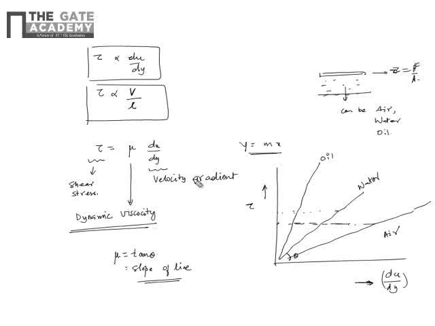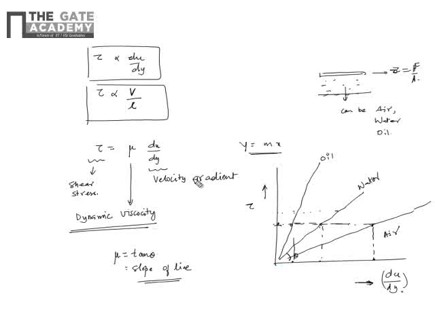Say for a given tau, a given force, in air I can move the plate easily. For a given force, the velocity gradient is more for air, so I can move the plate very easily, whereas in water it's intermediate, and in oil the velocity gradient is less, or the velocity of the plate.